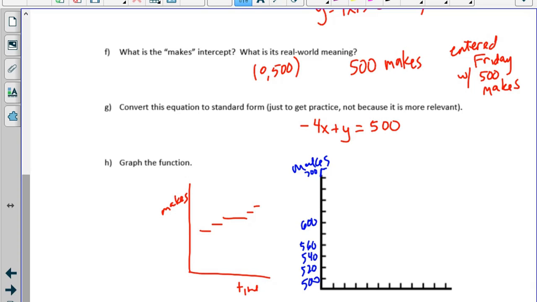And then let's go up by fives down here, 5, 10, 15, 20, 25, 30, 35, 40, 45, 50. So then I know that 50 comma 700 is on the graph. I know that 0 comma 500 is on the graph. And then I can graph that as a line, even though technically it would look a whole lot more like this.